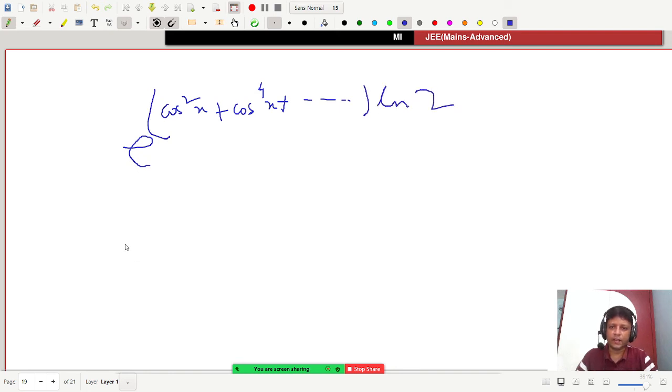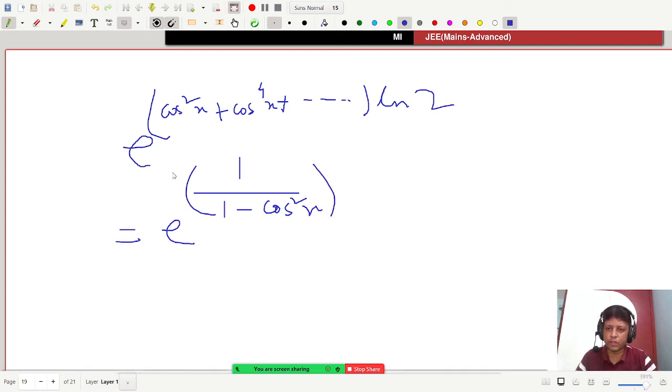That is equal to e to the power 1 by 1 minus cos square x, applying the infinite GP formula. And obviously you have cos square x outside, e to the power cos square x into 1 by 1 minus cos square x ln2. So that will be e to the power cot square x ln2.